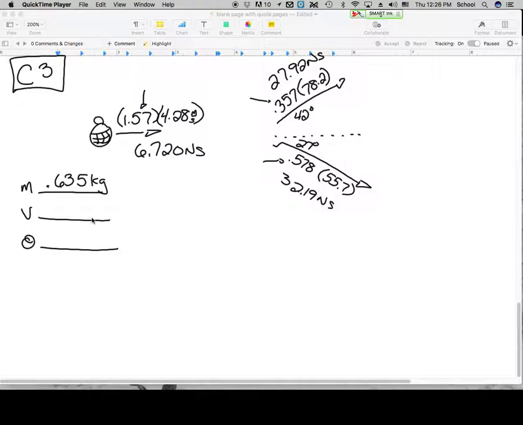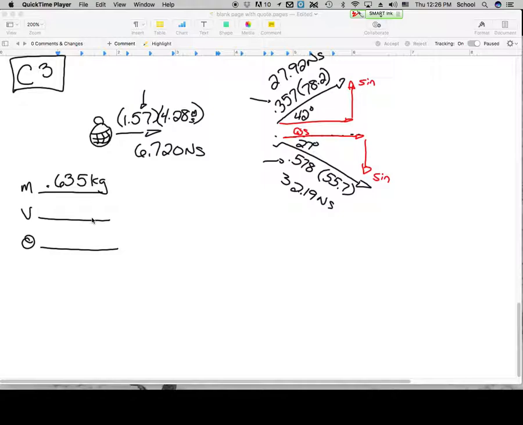So the first chunk was going to the right, which means it was going both forward and over to the side. The second chunk was going to the left, which means it was going forward and over to the side. So how do I find out what these are? Again, the adjacent sides we're going to use cosine, and the opposite sides we're going to use sine.